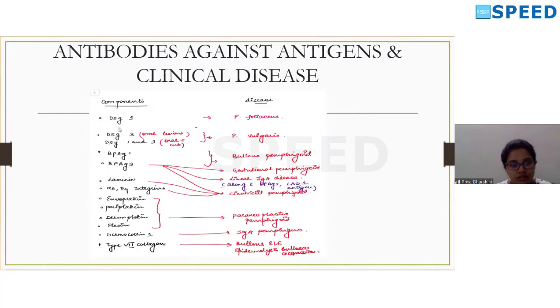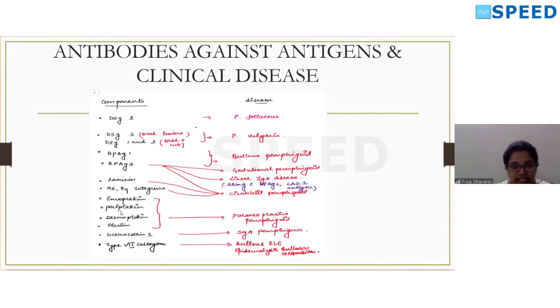So in pemphigus foliaceus, this desmoglein 1 is affected, and antibodies to desmoglein 3 cause oral lesions, only mucous membrane lesions of pemphigus vulgaris, and antibodies to both desmoglein 1 and 3 are associated with both oral and cutaneous lesions of pemphigus vulgaris. So this you should know. Next are other components of desmosomes, as I told earlier.